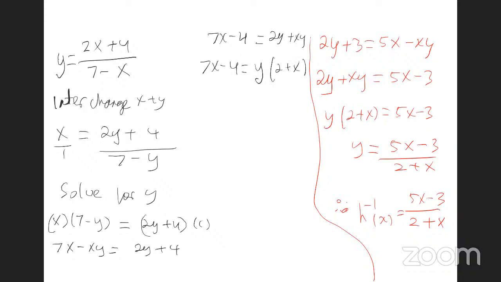Carry it across, and you'll get y is equal to 7x minus 4 over 2 plus x. Right? Or the answer might be minus 7x plus 4 over minus 2 minus x. Either one could work, right? All the signs different.